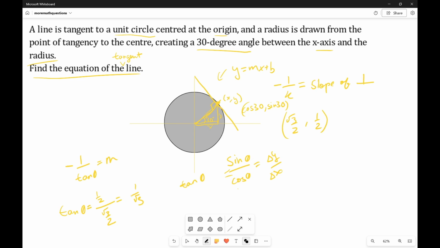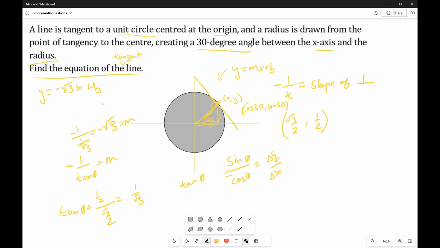Because our value of m is negative 1 over root 3, we can rewrite this as negative root 3 is equal to our m value. Okay, so now we have our m value. We can write y is equal to negative root 3x plus b.